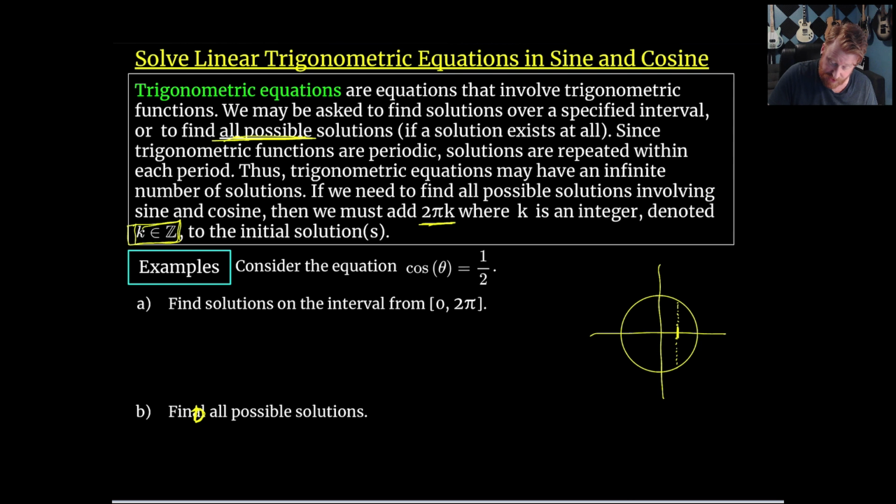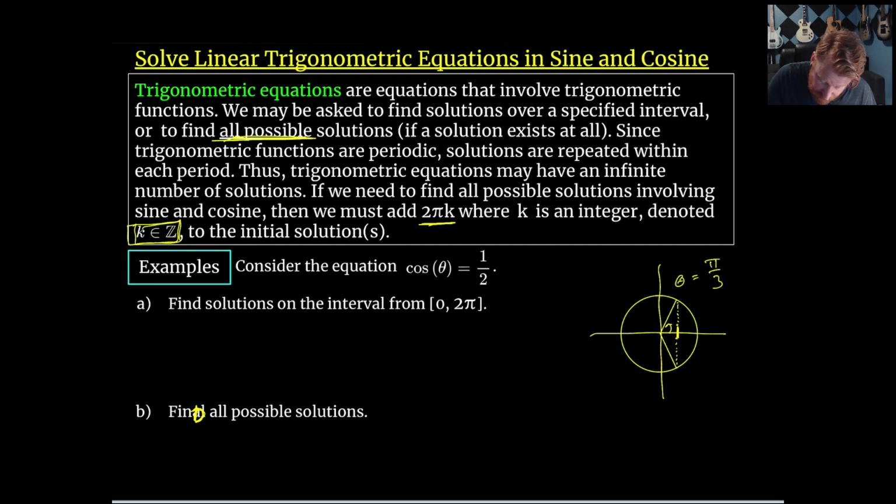We're no longer just restricted to the top half of the unit circle here, but we can look at both the top and the bottom half. Thinking about what these angles are, this looks like it should be theta equals pi over 3. This is the first angle here. I know that we could go backwards and get negative pi over 3, but that's not part of the interval we're looking for.